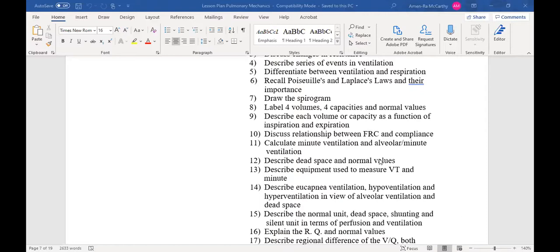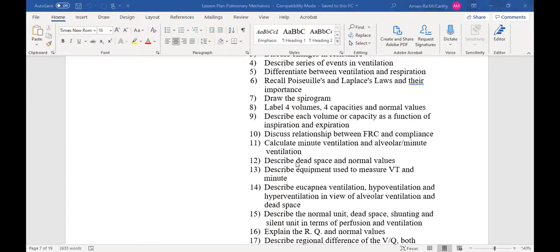The magic happens at the respiratory bronchioles and the alveoli. That's where the magic is happening. So dead space is all of that volume that's not participating in gas exchange.